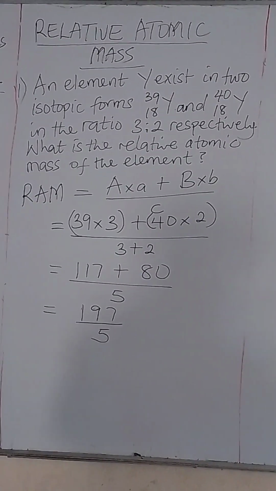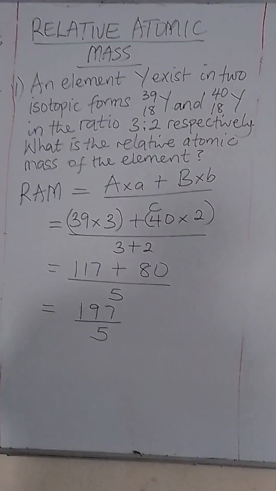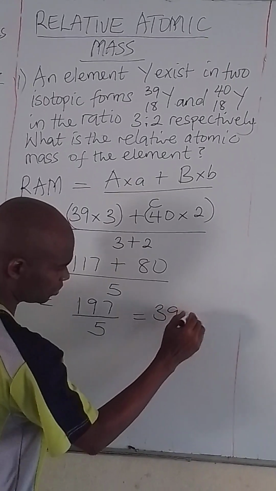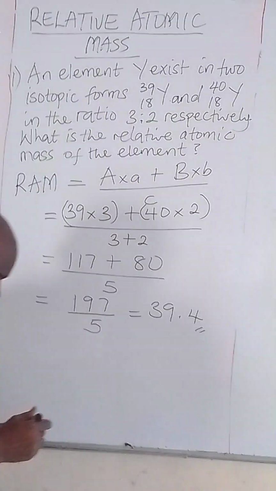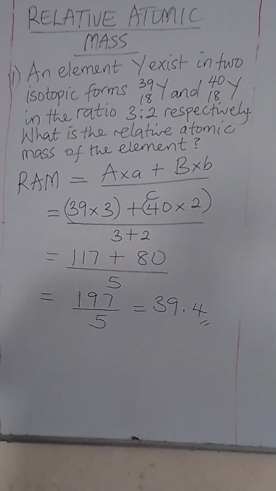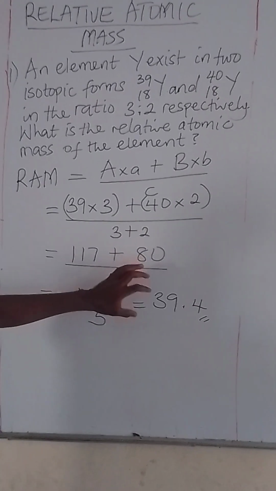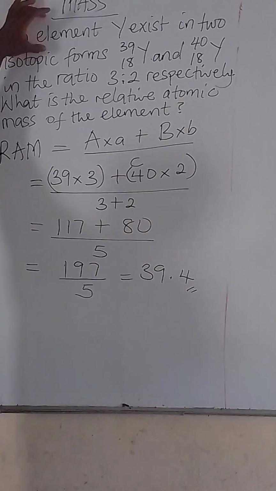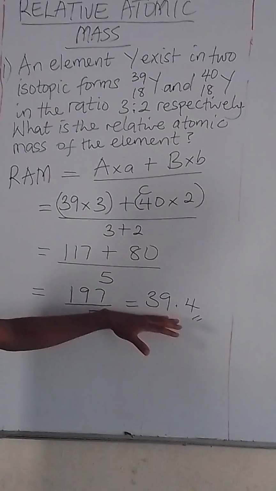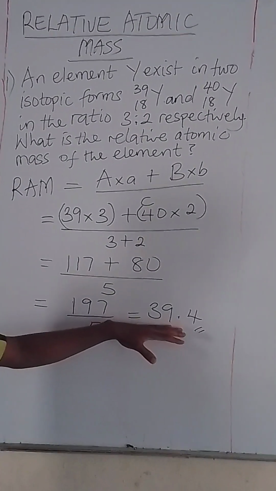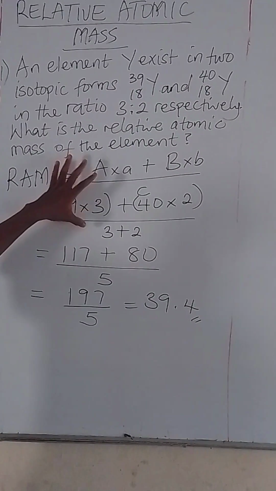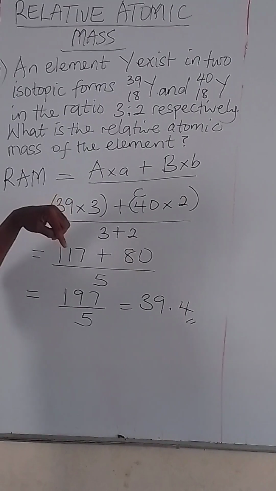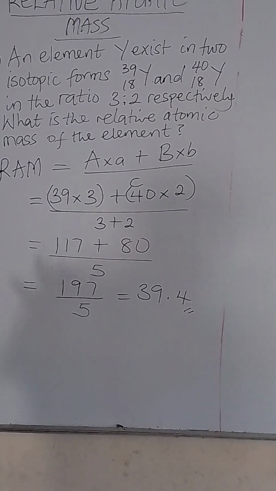I want to believe if you punch your calculator, you have 69.4. So the relative atomic mass of this element is 69.4. Remember, you only apply this formula when the ratio is given in place of the relative abundance.